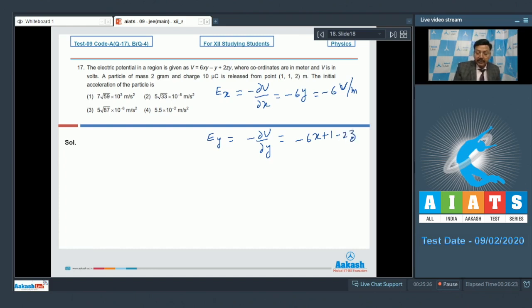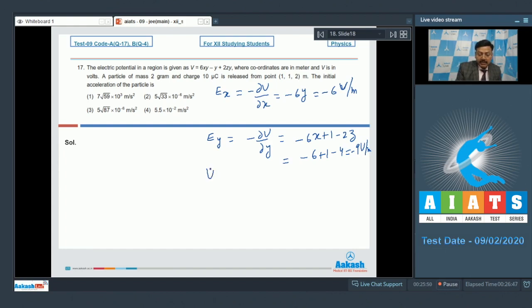Let's now put the values of x and z. X is 1, z is 2. So Ey, we are getting it as minus 6 plus 1 minus 2 into 2, that means minus 4. And well, this is minus 10 plus 1, so it's minus 9 volt per meter.